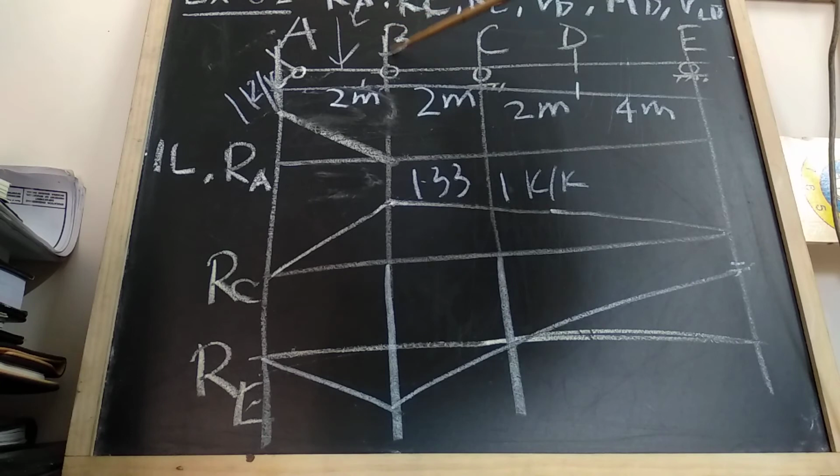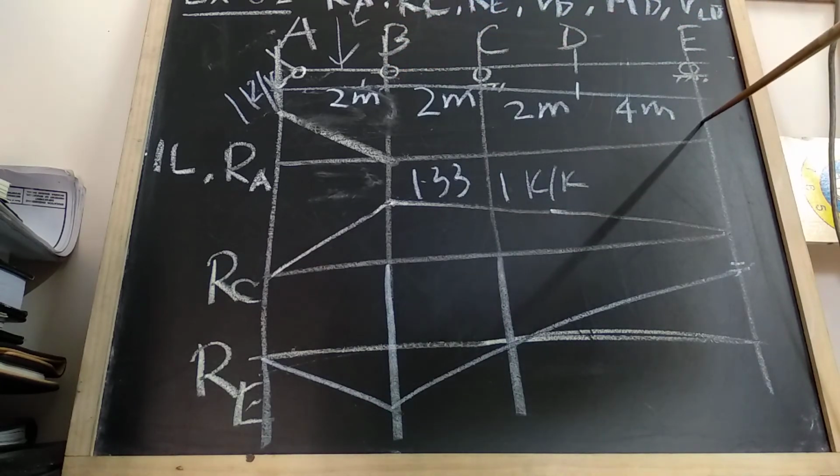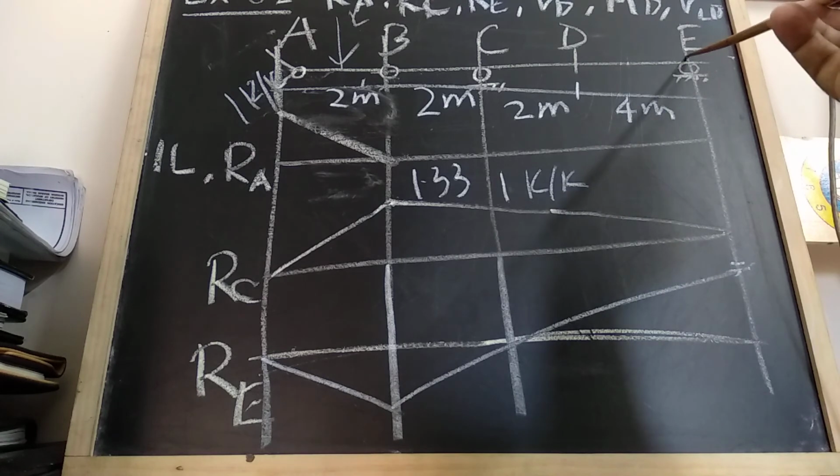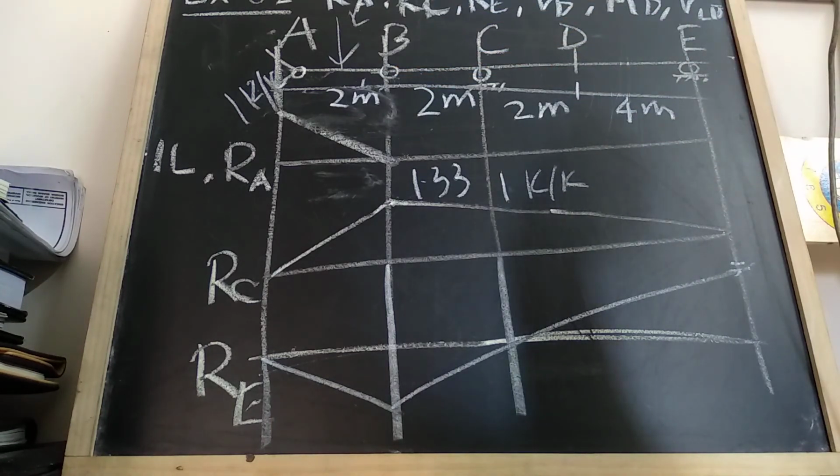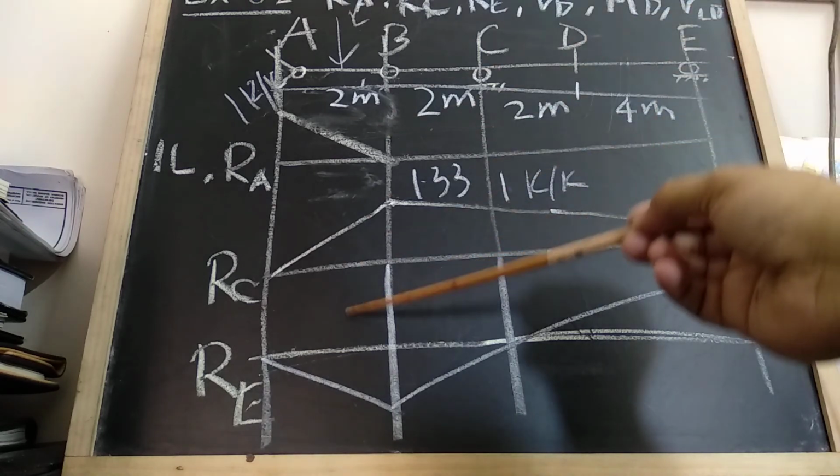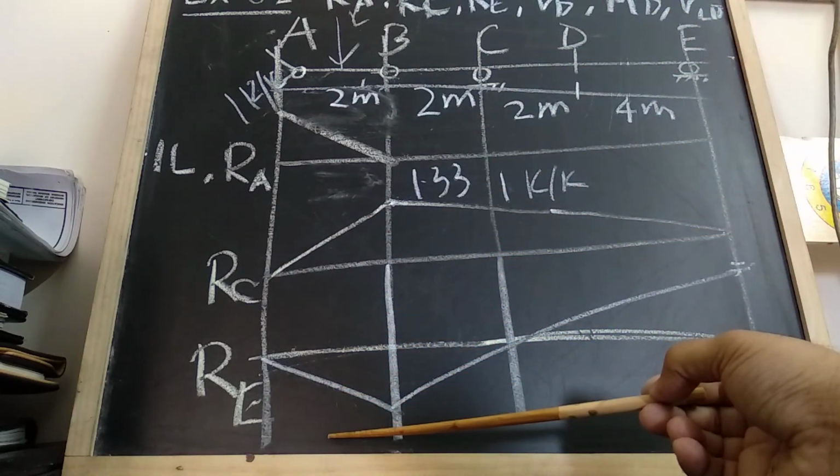But if you put a load of 0.5 here at E, it will be a tension. It has to be calculated like this: 0.5 multiplied by say 3/4, 0.75. So that force will be here.